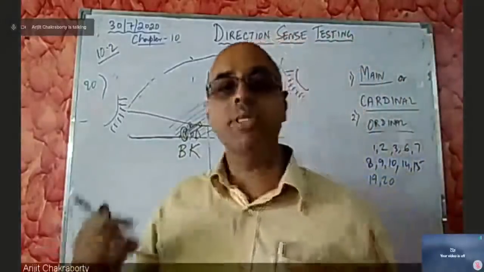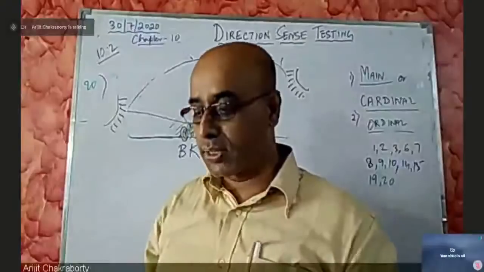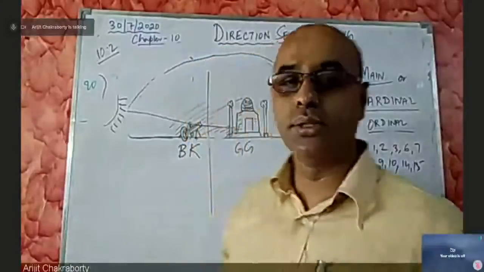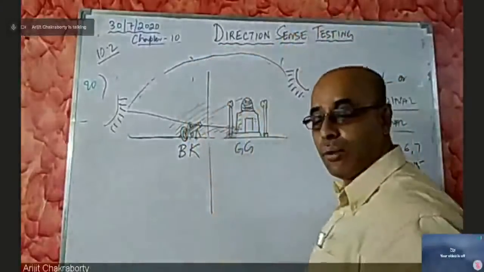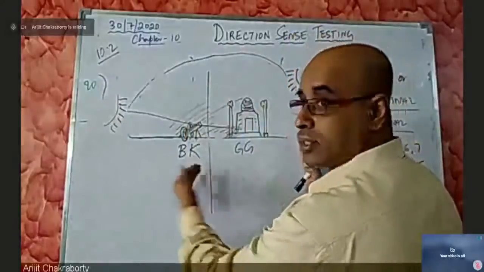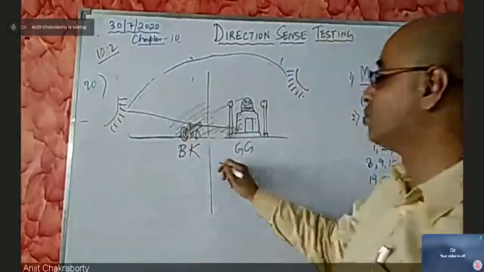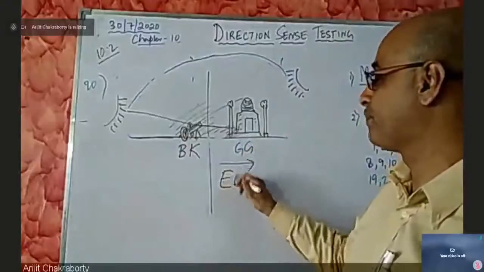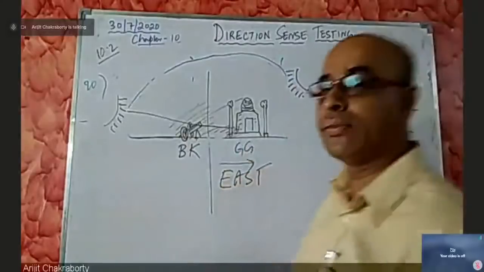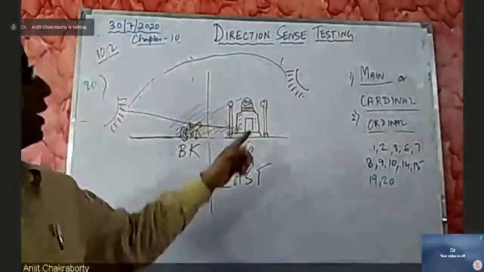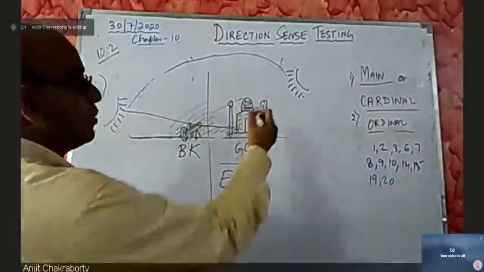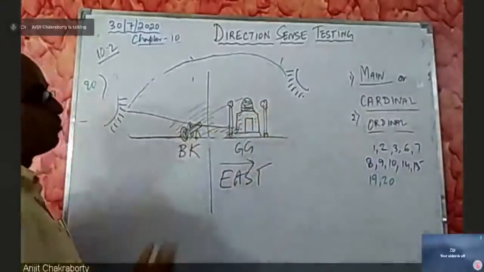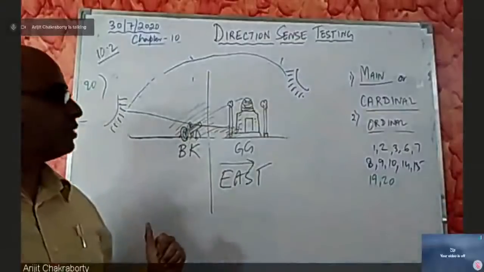The question is, in which direction is Gol Gumbaz to Bada Kaman? So you can see this is only possible when Gol Gumbaz is towards the right hand side, which means towards the east. Only in that condition, the shadow of Gol Gumbaz will fall on Bada Kaman. Otherwise not.